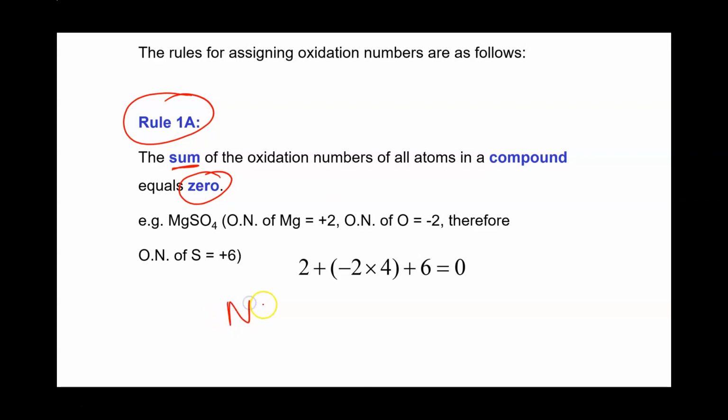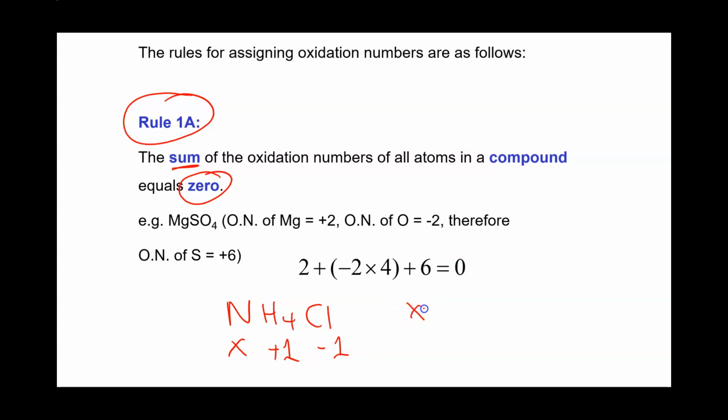So for example, if I have this compound here, NH4Cl, and I know that Cl has an oxidation number of -1, that the hydrogens have an oxidation number of +1, and then I don't know what the oxidation number of nitrogen is, I can solve for the oxidation number of nitrogen using this rule.